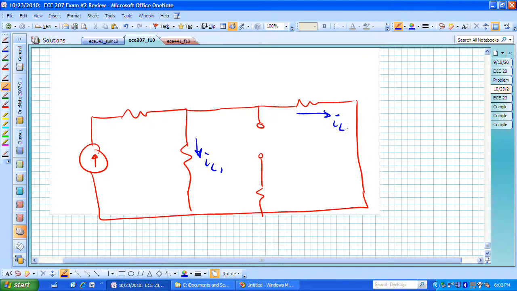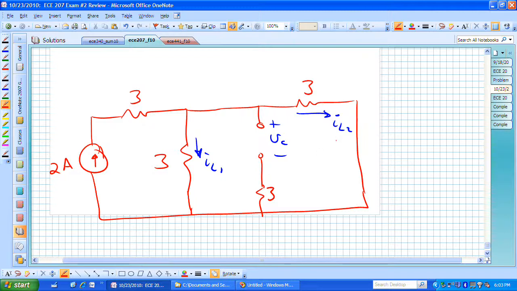We have this current I sub L sub 2. And we have V sub C. Those are still associated with the same elements, but now we have a different circuit because of the switches being in different positions, and this was now 2 amps.